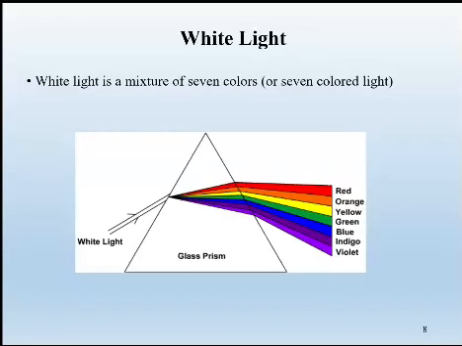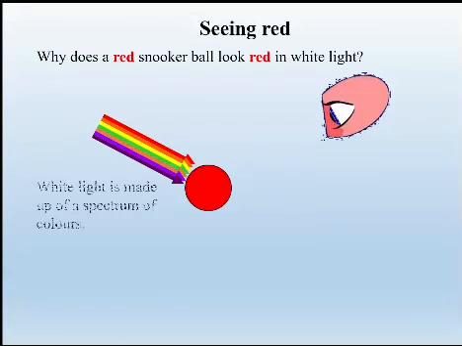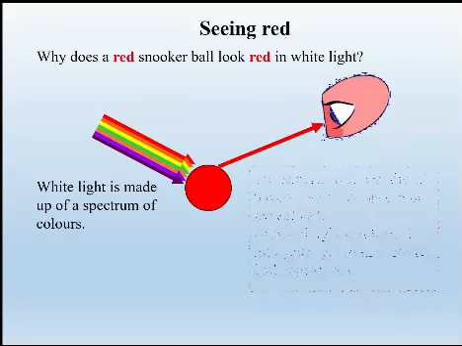All these 7 colors together generate the white light. Now why does the red snooker ball look red in white light? This white light is made up of all 7 colors of the spectrum, and this generates a red color.